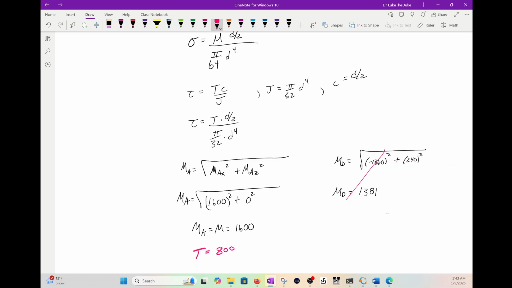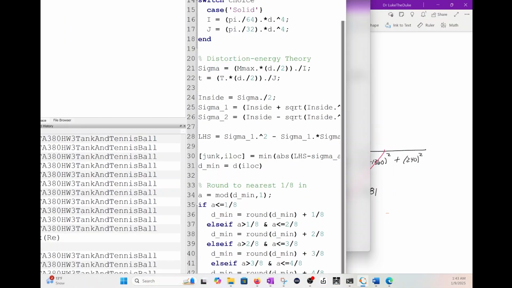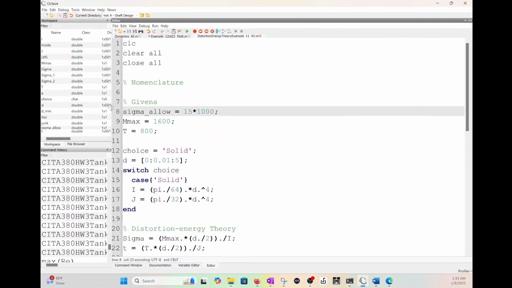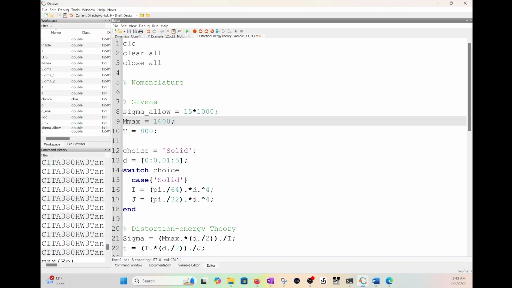So what I ended up doing was a MATLAB or programming code. It could be MATLAB, Octave, Python, but I have access to Octave. So let me scoot this down here. All right, so we have our sigma allow, 15K, our maximum moment, 1600, our torque, 800.